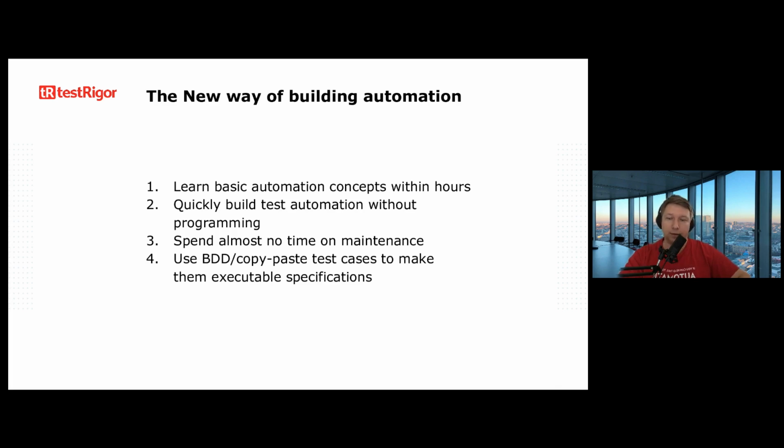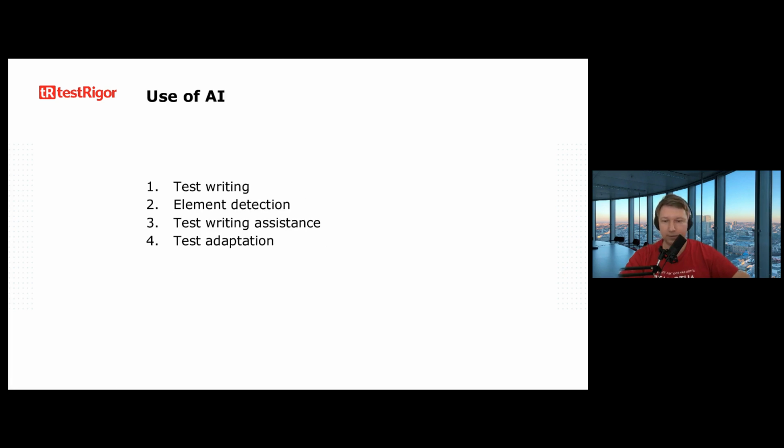And what modern codeless automation tools allow you to do is save time on test maintenance, and specifically in the case of testRigor, you can literally copy and paste your test cases from your test case management system to make them executable as executable specifications.